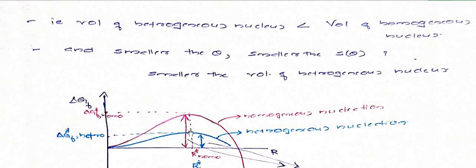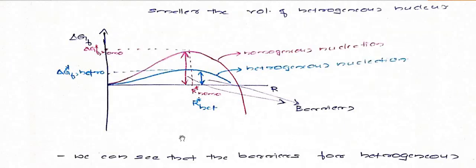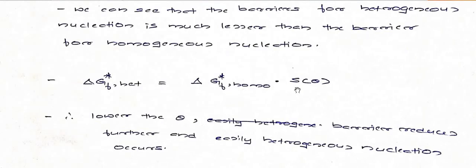In comparison to homogeneous nucleation, which is more of an ideal case, heterogeneous nucleation is most common, because the energy barrier for heterogeneous nucleation is much lower than that of homogeneous nucleation, and the free energy required is a function of S theta times delta GF of homogeneous nucleation.